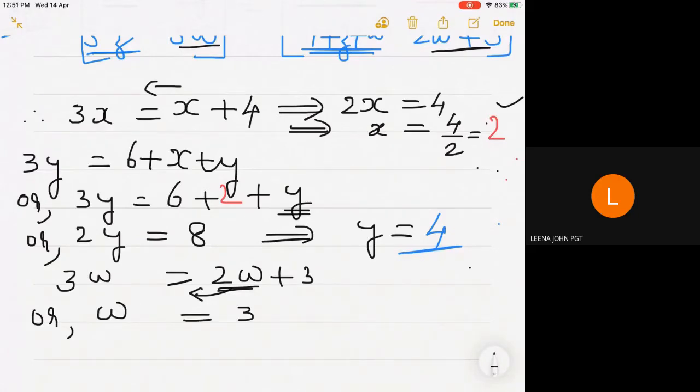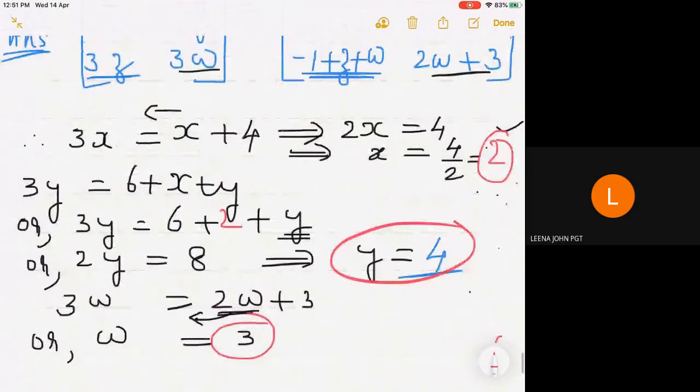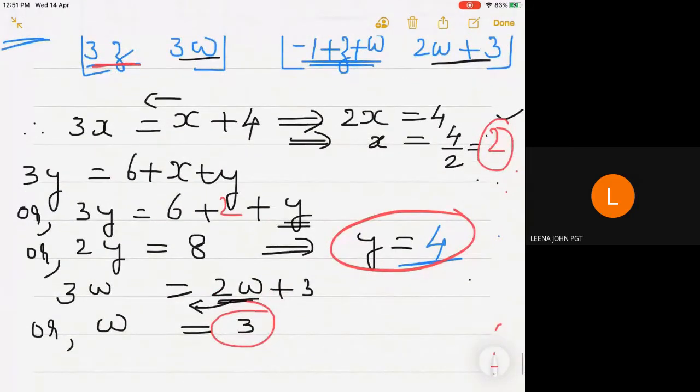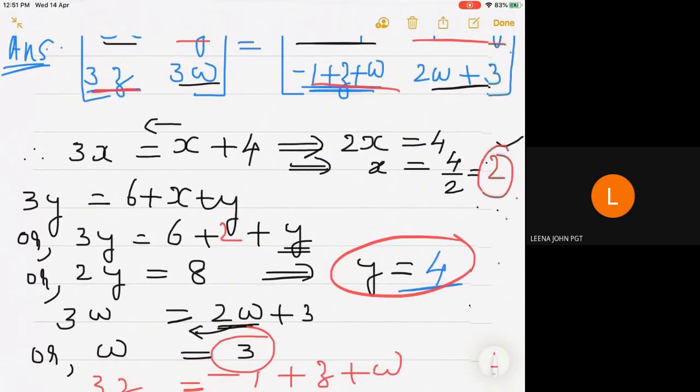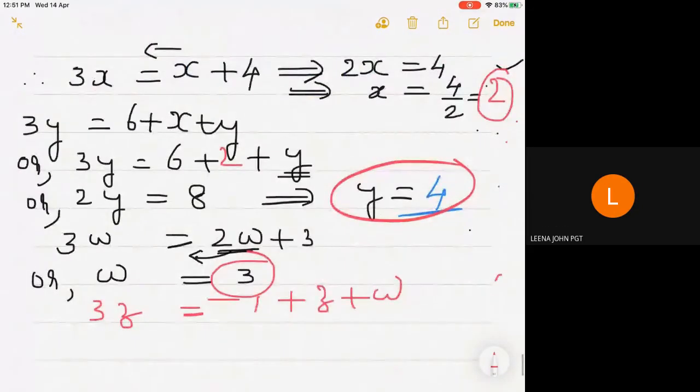So these are three values we got, x, y and w. Finally we will equate this, that is 3z equal to, here we have minus 1 plus z plus w, and already we got the value of w, so you can substitute here.